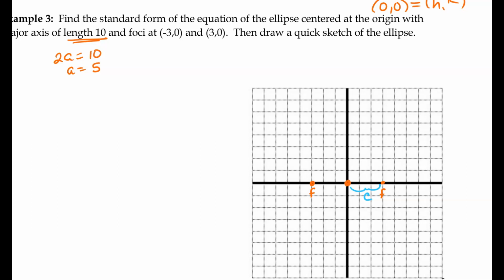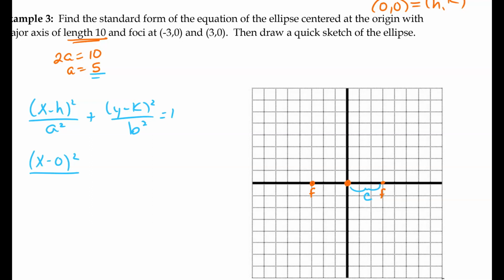So we're going to be using this form: x minus h squared over a squared plus y minus k squared over b squared is equal to 1. So huge that we have this. All right, so I'm going to plug in what I know so far. So I got x minus 0 squared over, well, what do we know a is?